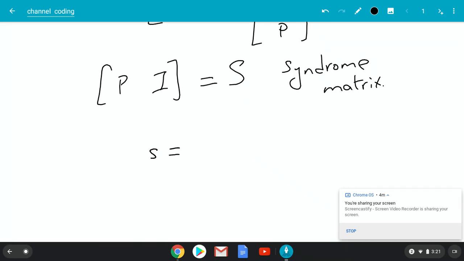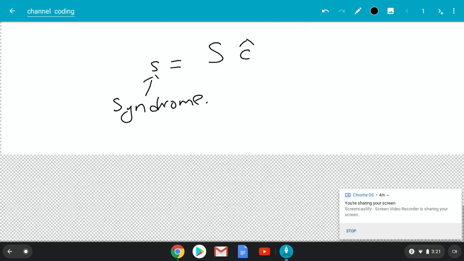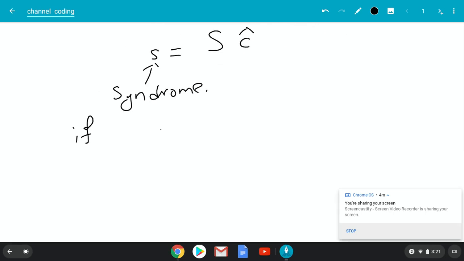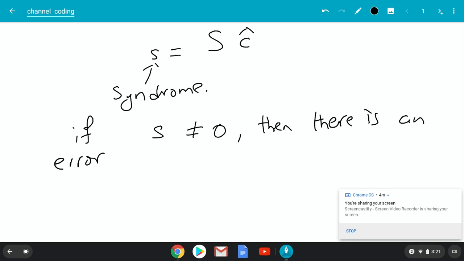So small s will be equal to capital S times C hat, and small s is the syndrome. So that means if s is not equal to 0, then there is an error. Okay, so now at the receiver we know how to detect if there is an error.